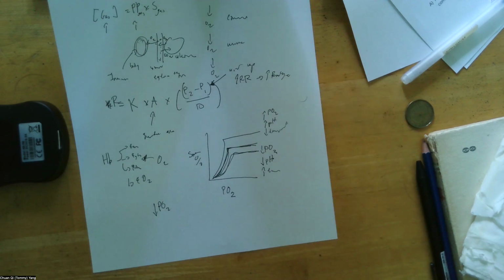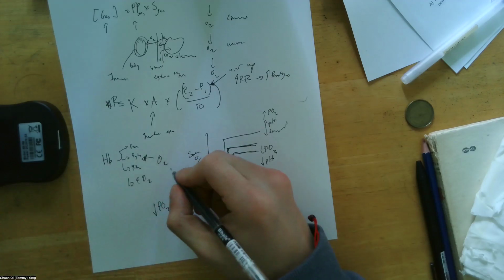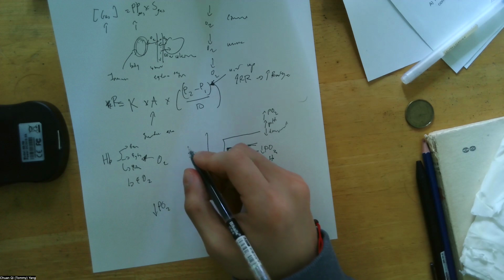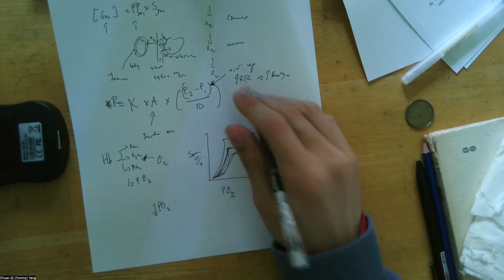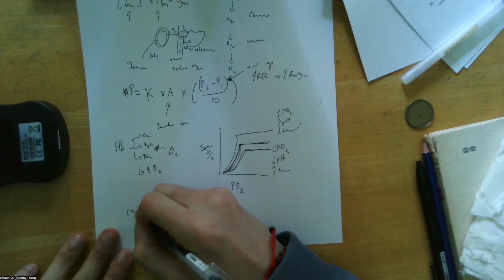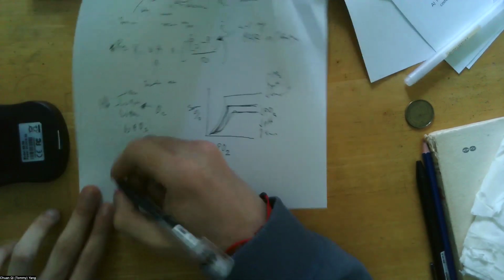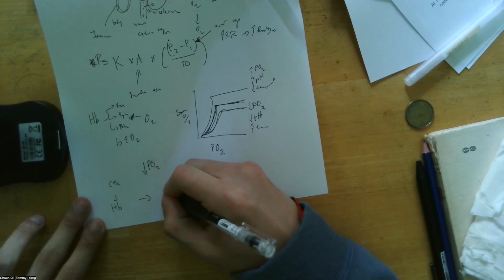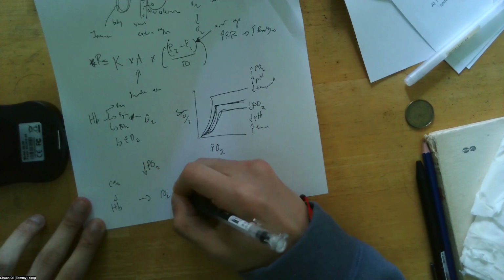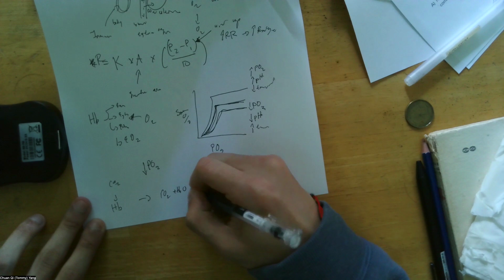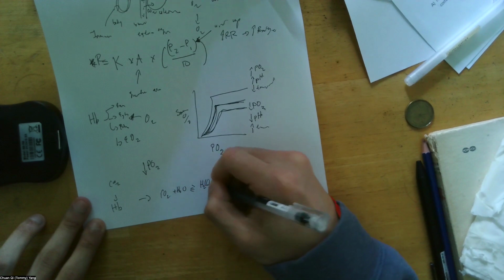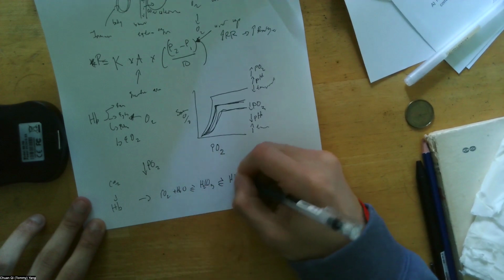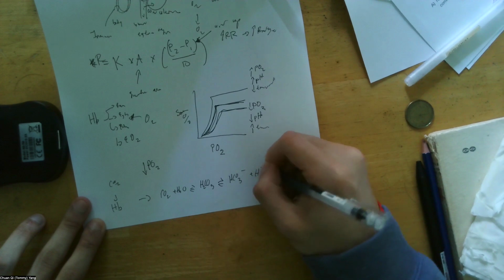And like oxygen, most CO2 transport in the blood is managed by the red blood cells. CO2 can be bound to hemoglobin, and this can be converted to carbonic acid. So CO2 plus H2O turns into H2CO3, then it's HCO3 negative plus H plus.